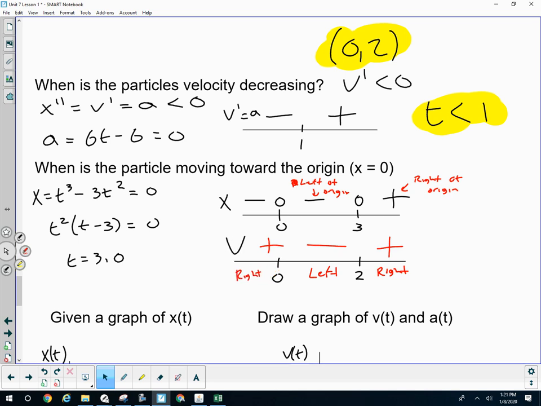When is my particle moving towards the origin? Okay, answer the question. Check with your neighbors.